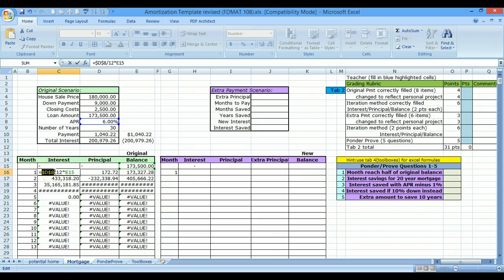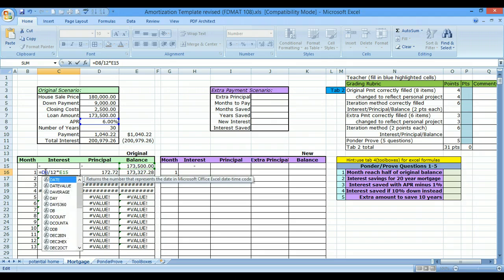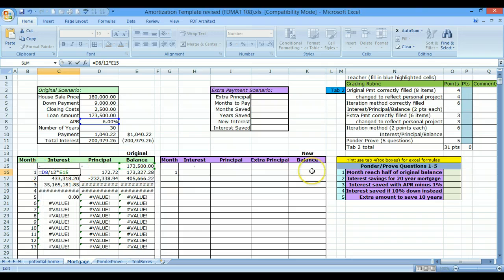Some keyboards have also, I've noticed, a function key F4 to get it to turn on and off the functions, or to get it to do the F4. Just whatever is working with your own keyboard. If you need to though, and I'm going to assume that not everyone did the annuity tutorial, if you're finding that yours is not working with any of those tricks, you can go ahead and type in your $ signs.